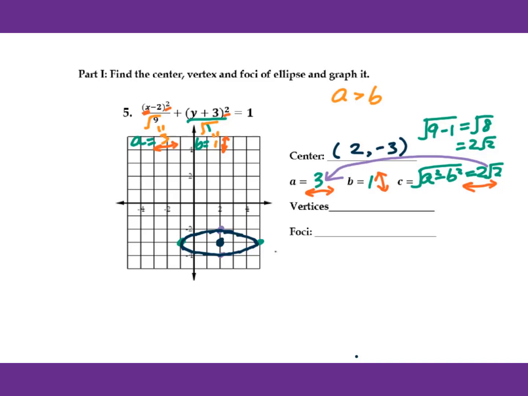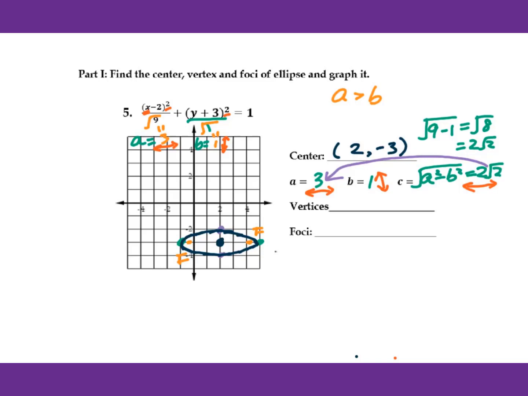Your focus follow on the major axis. 2 square root of 2, that's less than 3, 2 point something. Therefore, I will label here. This is your F. This point is a F.